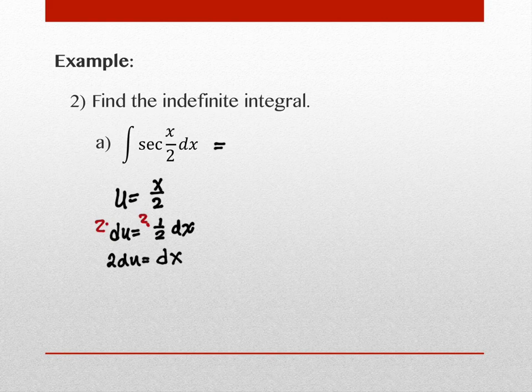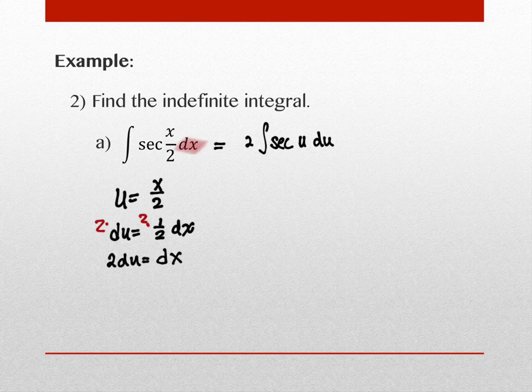So as I come back here and rewrite, my dx is going to get replaced with the 2 at the beginning and the du at the end. The x over 2 is going to get replaced with u. But notice we didn't do anything with secant, so the secant is still there.